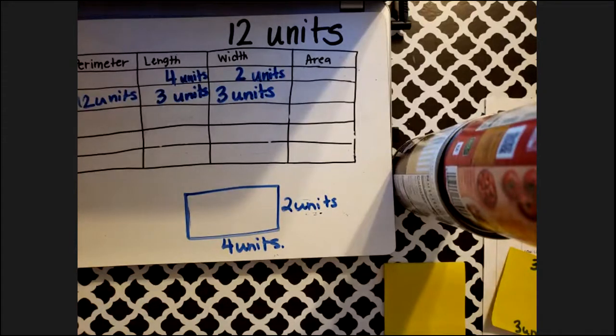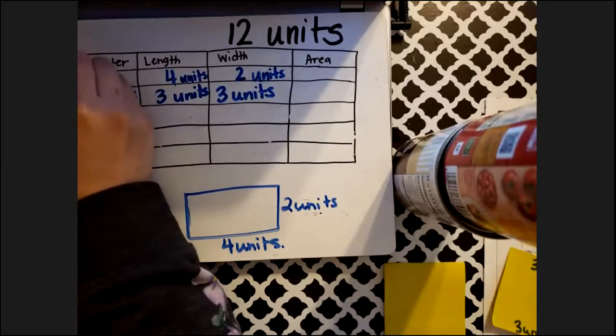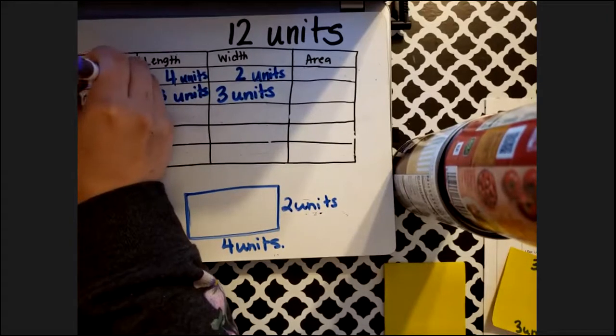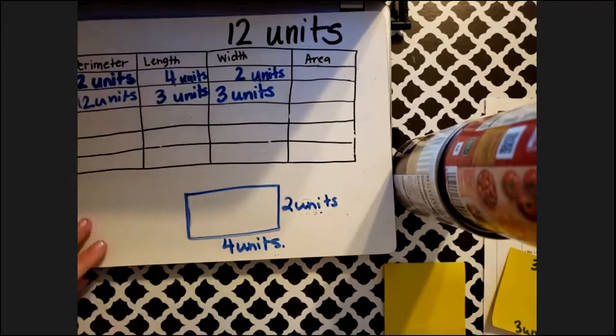Make sure we're paying attention, buddy. We can't hear you. Unmute yourself. What would the perimeter be? 12. Good job. 12 what? Units. Remember, not square units because that's area, but it will be 12 units. All right, thank you, JV.